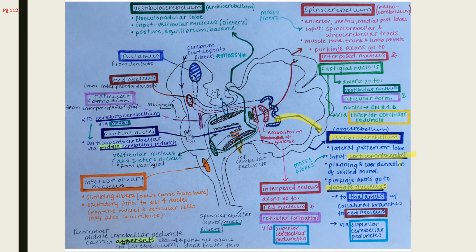Our climbing fibers coming from the inferior olivary nucleus go to all four nuclei, and they're going to release aspartate, because we said climbing fibers have a smooth ride. They synapse on smooth dendrites of the Purkinjes and release aspartate, which is extremely excitatory. That's one of the non-cerebellar influences on the deep central nuclei you need to know about.